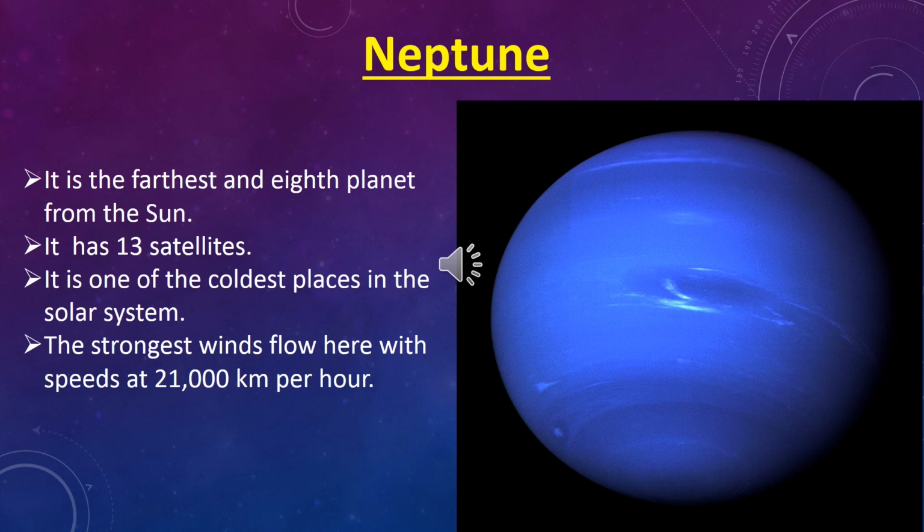The strongest winds flow here with speed at 21,000 km per hour. Just imagine. It is full of storms. Even now, if you see the picture, it seems like the planet is moving because the storms found on this planet are very fast. Because of that, no life can survive there.